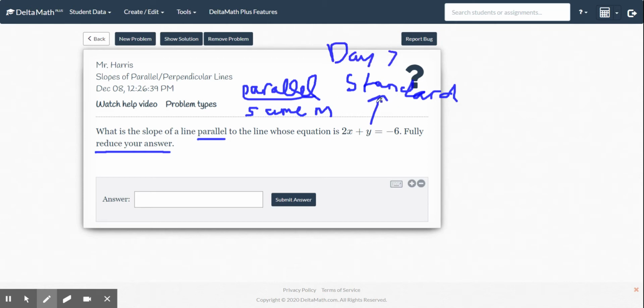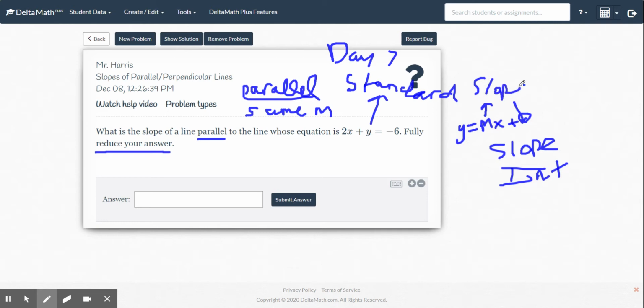So day 7 was all about standard form, AX plus BY equals C. Now, if we can get this into Y equals MX plus B, if we can get this into slope-intercept form, I think we're going to be in really good shape here, because slope-intercept form will give us the slope, which is what we need, because we know if our line's parallel, it has the same slope, the same M.